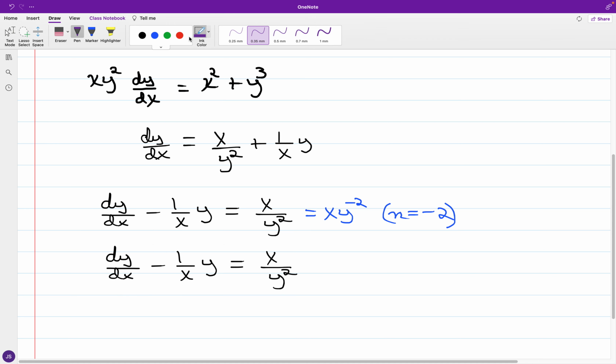We have that p of x is equal to negative 1 over x, and q of x is going to be equal to the numerator, which is x, and once again n is equal to negative 2.